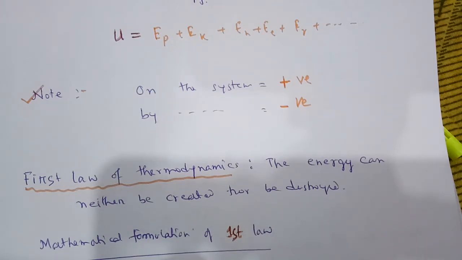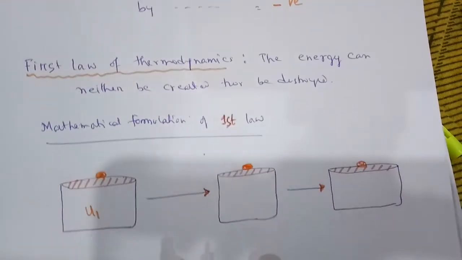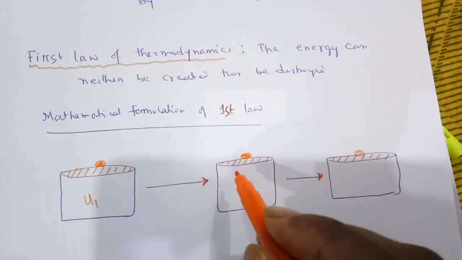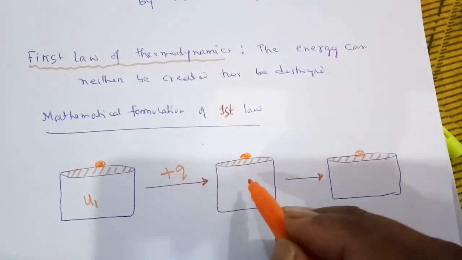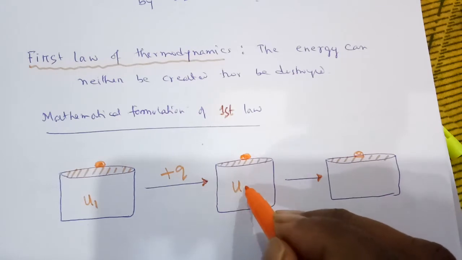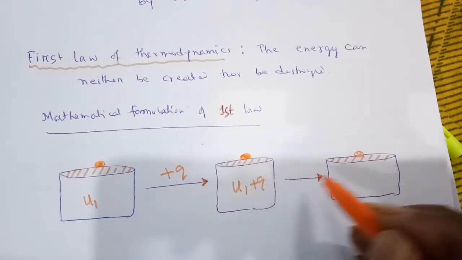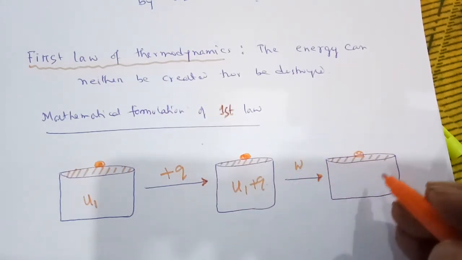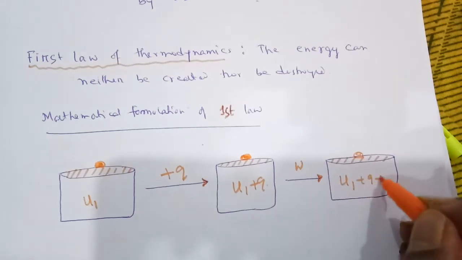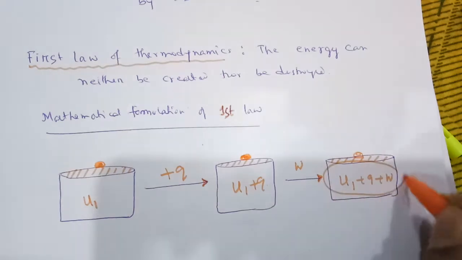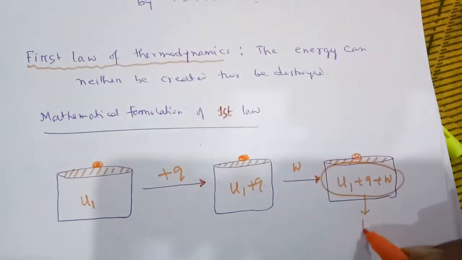Let us consider a container having energy U1, and we give Q amount of heat to it, so its internal energy changes to U1 plus Q. If we do W amount of work on it, its internal energy changes to U1 plus Q plus W. This final state of internal energy is considered as U2.